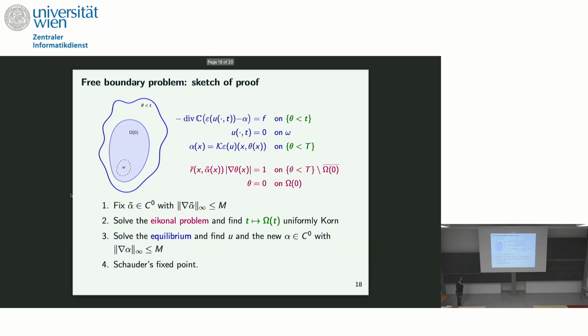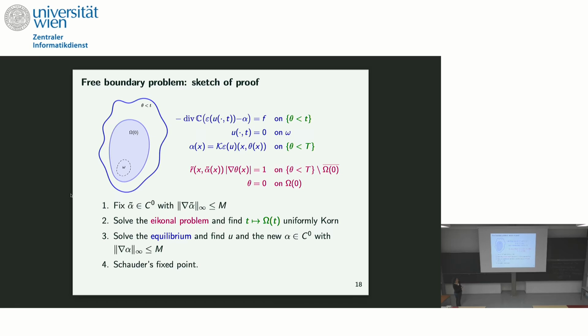What I just want to say very briefly about the proof is that it goes through a Schauder fixed point argument in terms of alpha. You start by assuming that you have a prescribed backstrain with Lipschitz norm small enough. Based on this given backstrain, you solve the eikonal problem.